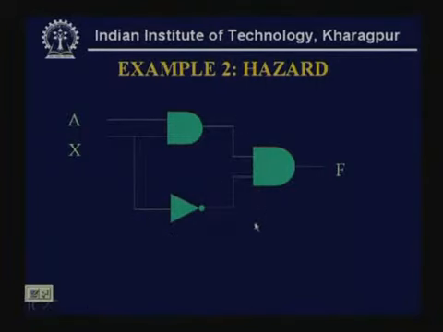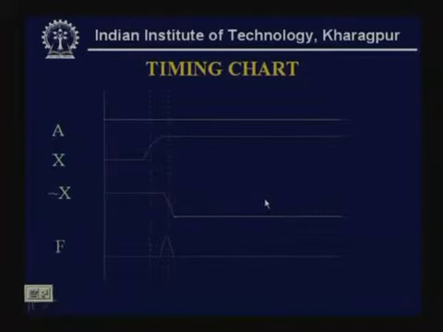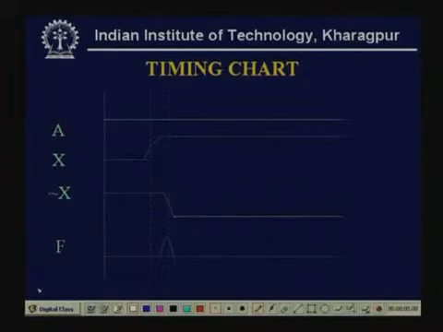Or if we draw the timing diagram of this particular example, then see, first again I am taking that my A is high. This is my A equal to 1. Now, say this X, initially the X is 0 and now it is being 1.